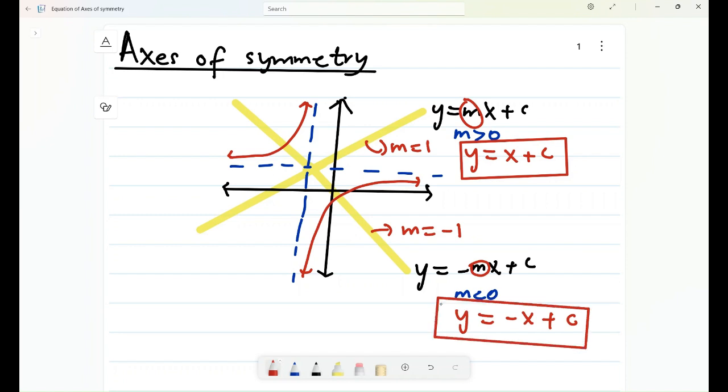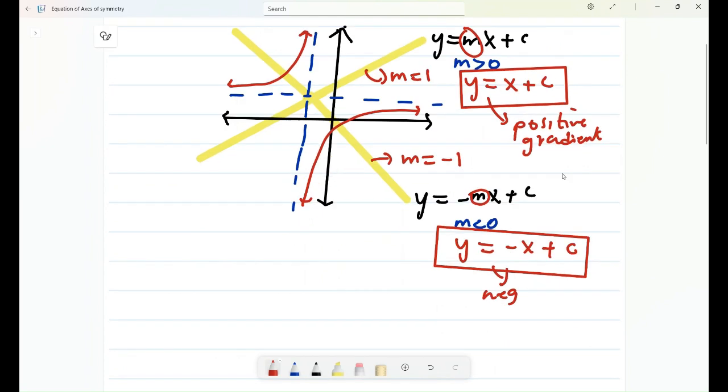Because now our m is negative 1. All right, so this is the equation of the axis of symmetry with a positive gradient. This one is an axis of symmetry with a negative gradient.